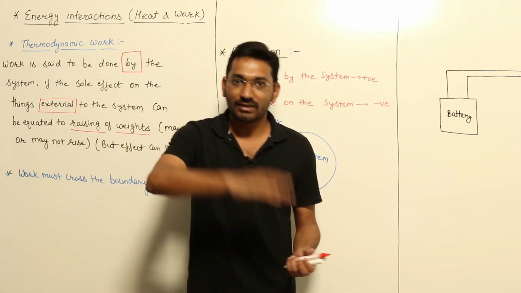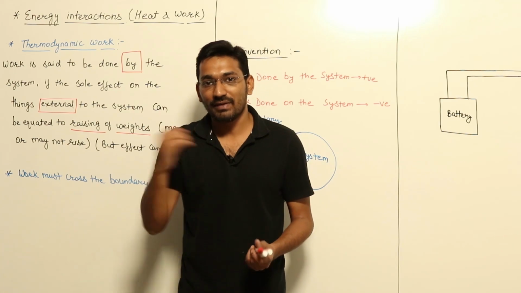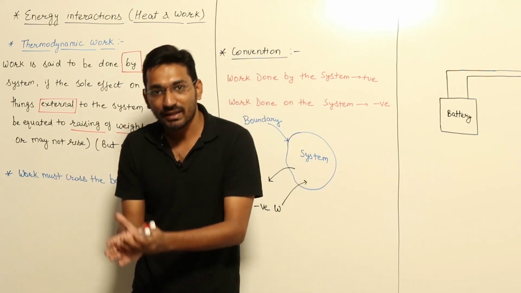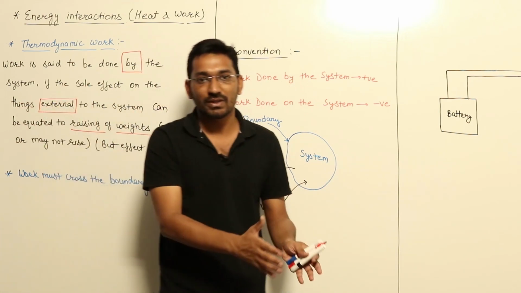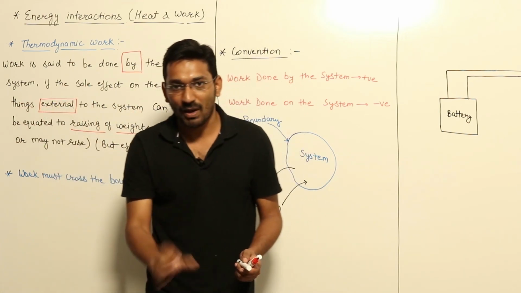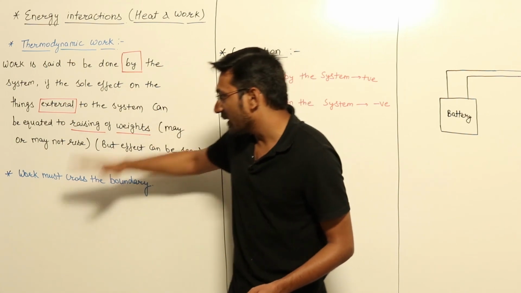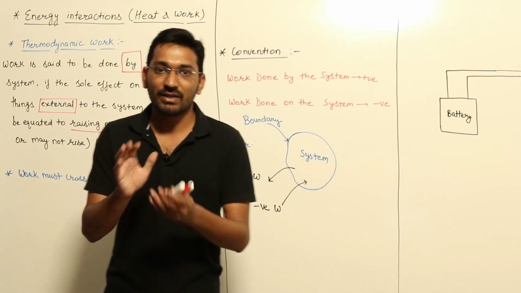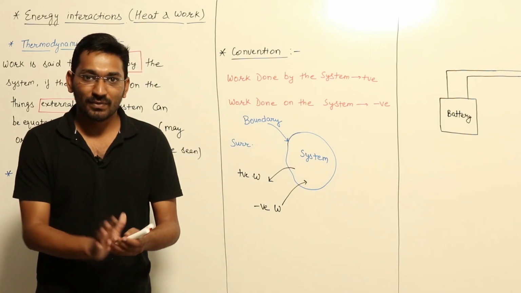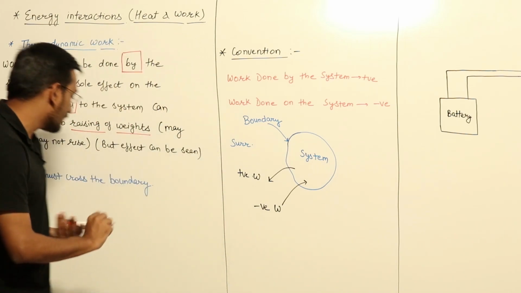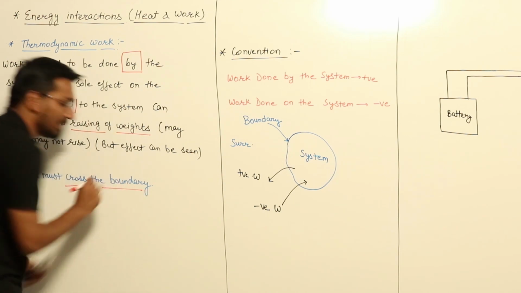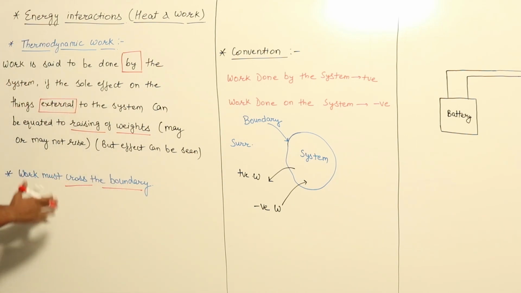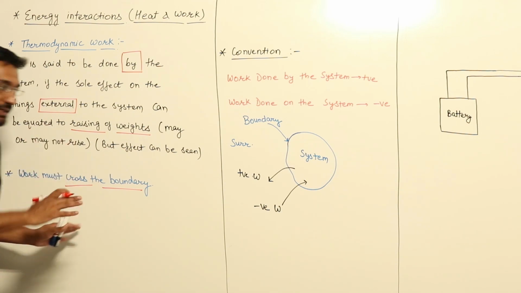So we say that work is transferred from system to surrounding, or from surrounding to system, only when it crosses the boundary. If the work is not crossing the boundary, then we say that there is no work done in the system. So the work must cross the boundary. The boundary must be crossed by this work. Then only can we say that the system is doing some work or the surrounding is doing some work.